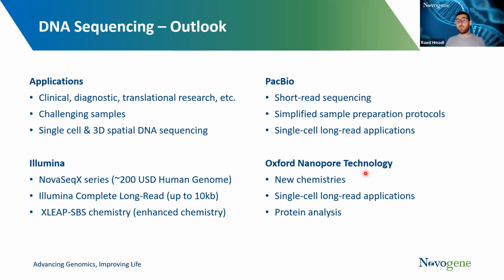Similarly, Oxford Nanopore technology is also investing in new chemistries that would improve the output of the sequencing platforms, is investing in single-cell long-read applications, and even more recently, the Oxford Nanopore sequencing technology has been shown to be compatible with protein sequencing.